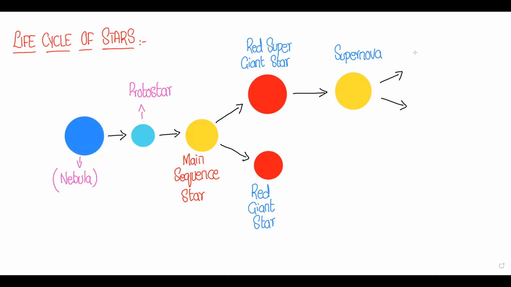So this is the life cycle of a star on the side of the red supergiant star. This is the black hole, and the neutron star is on the other side over here. This is the neutron star.